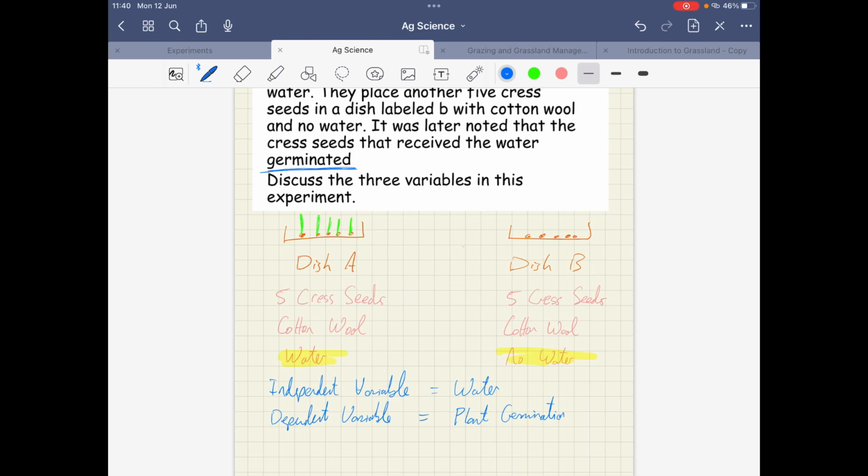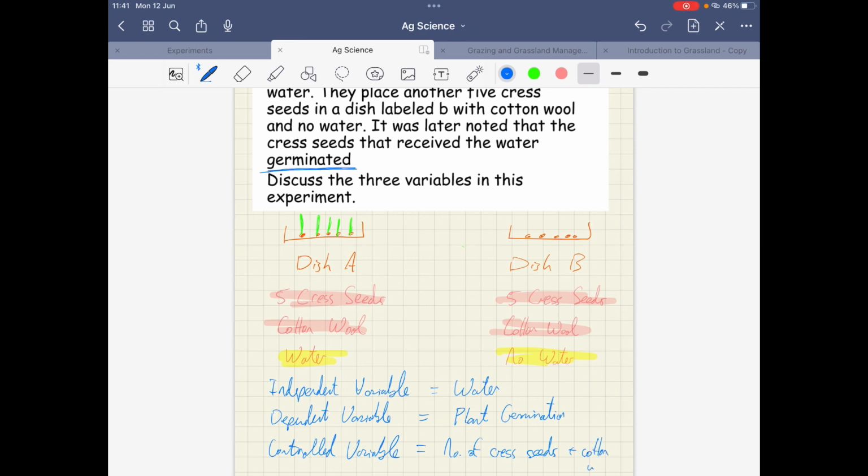And then our control variable is what stayed the same in our experiment. What is in common with dish A and dish B? In both dishes we have 5 cress seeds and cotton wool. Okay, so they are controlled variables: number of cress seeds and cotton wool.